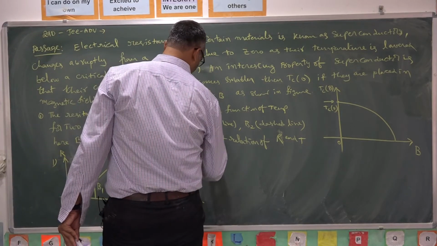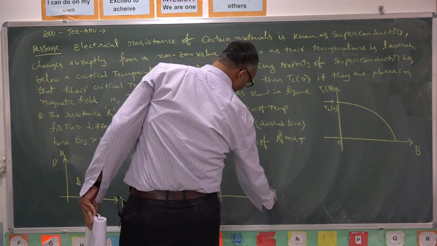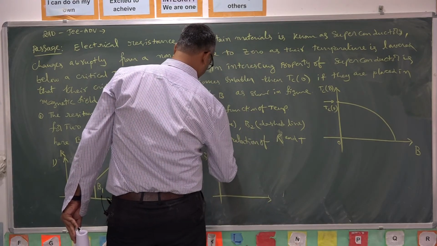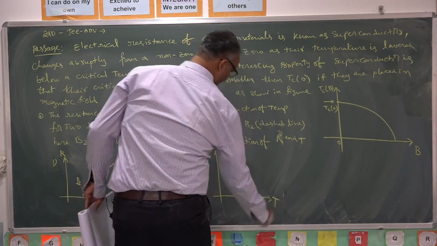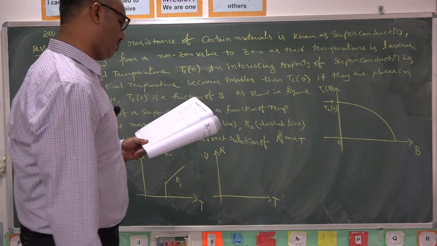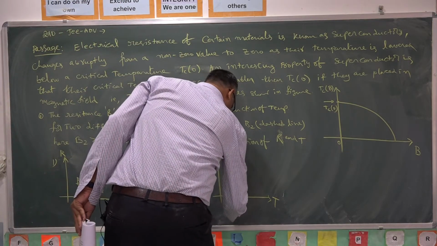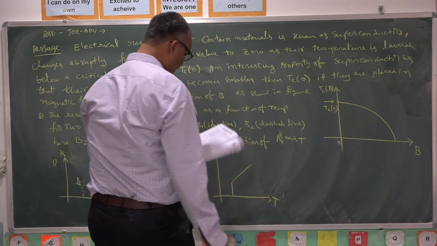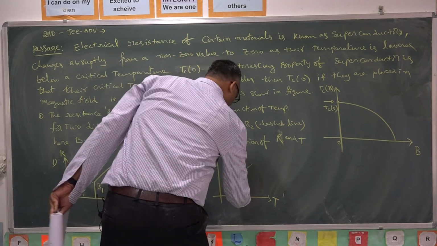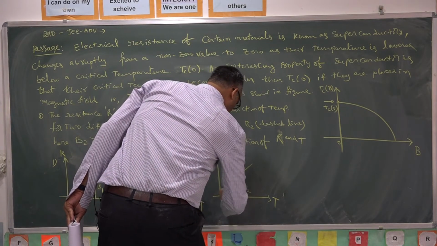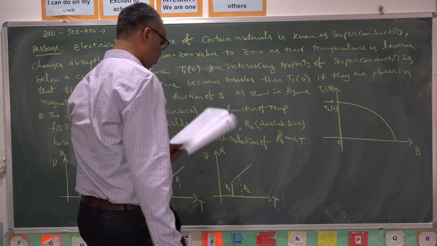Next, third graph, again between R and T. This is B2, this is B1.